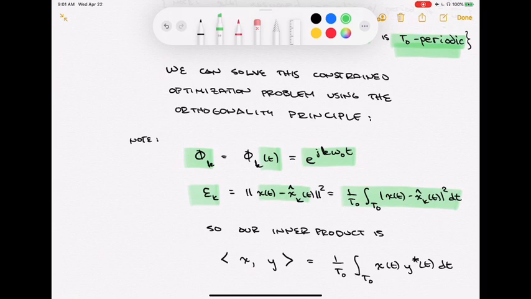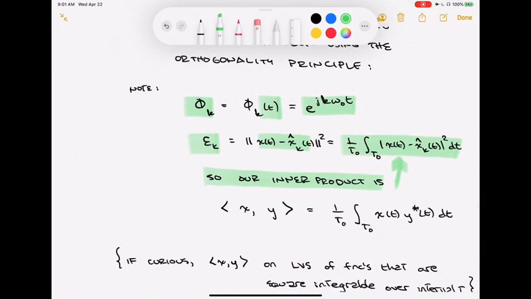So we can really back out of this an inner product. We need an inner product that results in that kind of norm squared. An inner product that does that is to take 1 over the period, integrate over the period of the first signal that we're taking the inner product with, times the conjugate of the second signal. So the inner product between x and y would be 1 over T naught integral over T naught of x y conjugate. Now, what do I know a norm squared is?